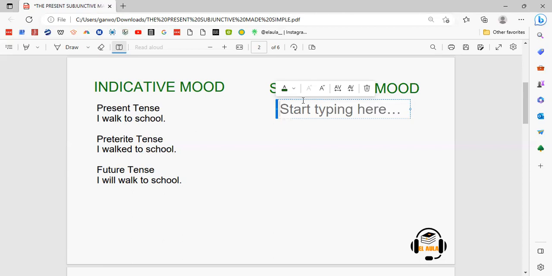the overwhelming difference is that whereas in the indicative mood, in tenses like the present tense, imperfect, preterite, future tense, for example, we're sure of what we do, what we did, what we will do. We have concrete statements.